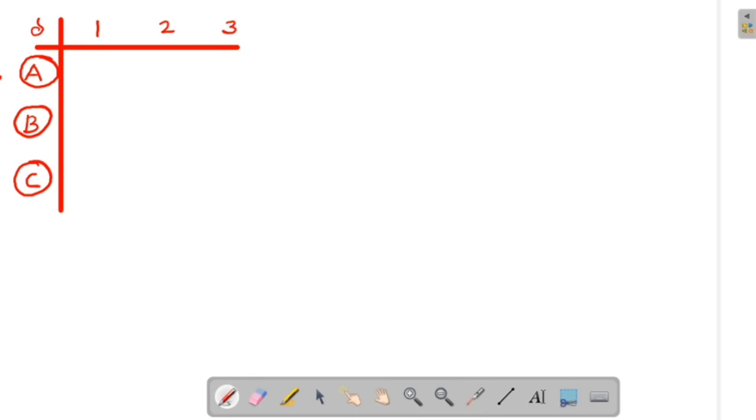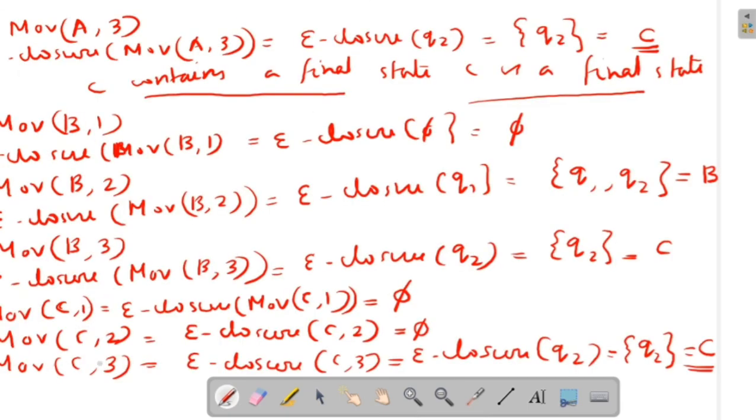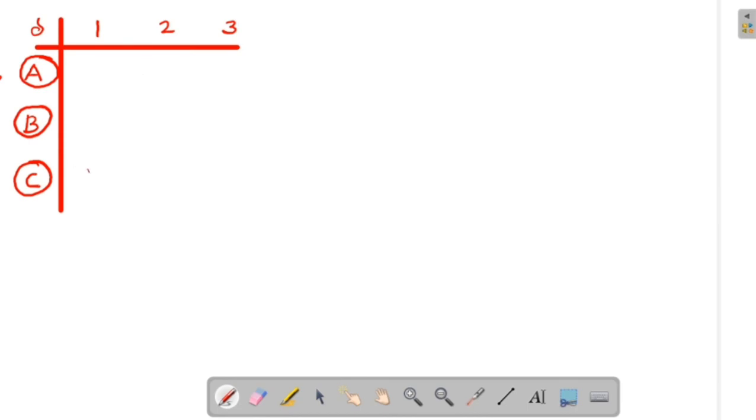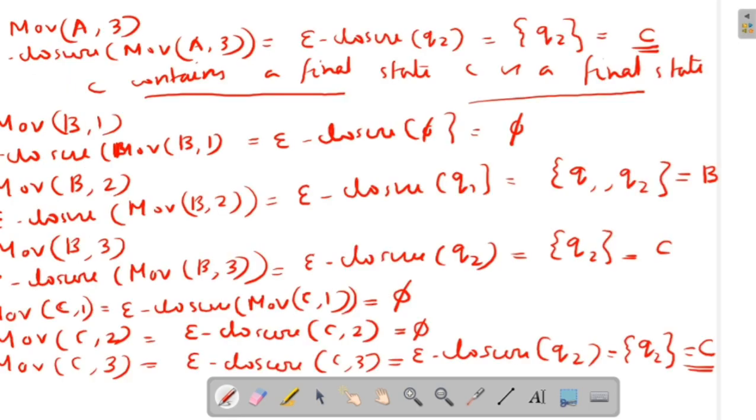Okay. Then what is C comma 3? Move of C comma 3 is C. Move of C comma 2 is null set. C comma 1 is null set. So here C comma 1 null set, C comma 2 null set, C comma 3 is C itself. Okay. Then what is B comma 1?